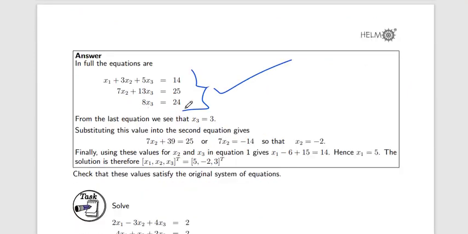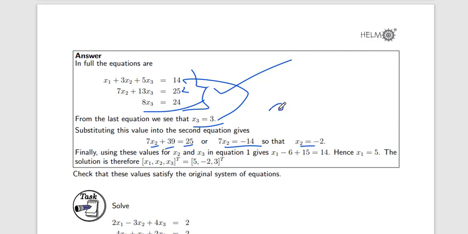So we get these three linear equations by converting matrix form to equation form. Using the back substitution method, x3 is equal to 3. Then we apply this in the second equation, 13 into 3 is 39, and we get the answer of x2.